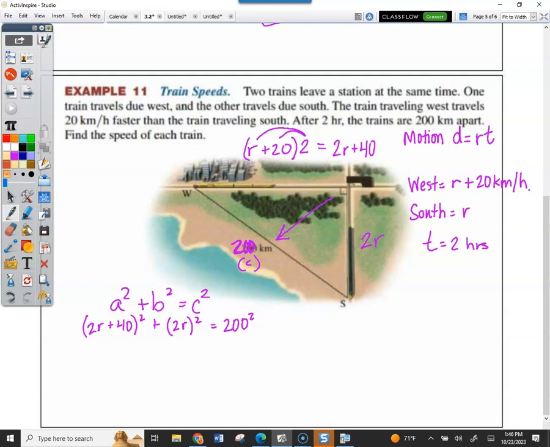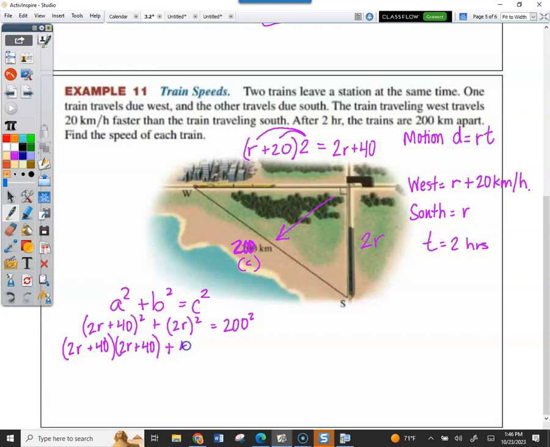Please don't write 4r squared plus 1600 at the beginning. What do you have to do there? You've got to multiply it out, first, outer, inner, last. If you need to expand it, 2r plus 40 times 2r plus 40.